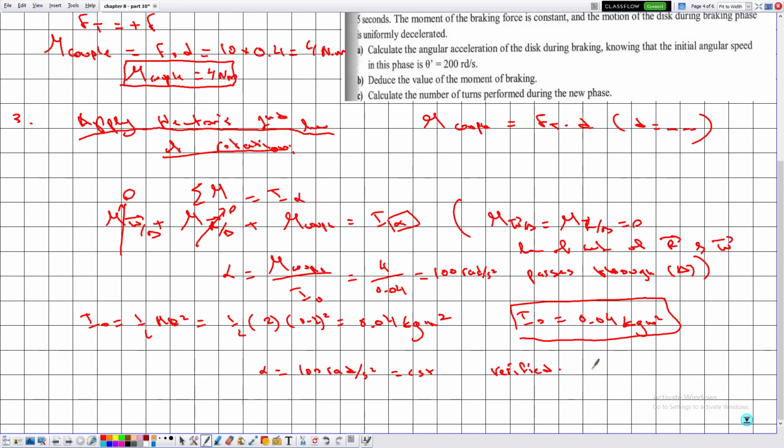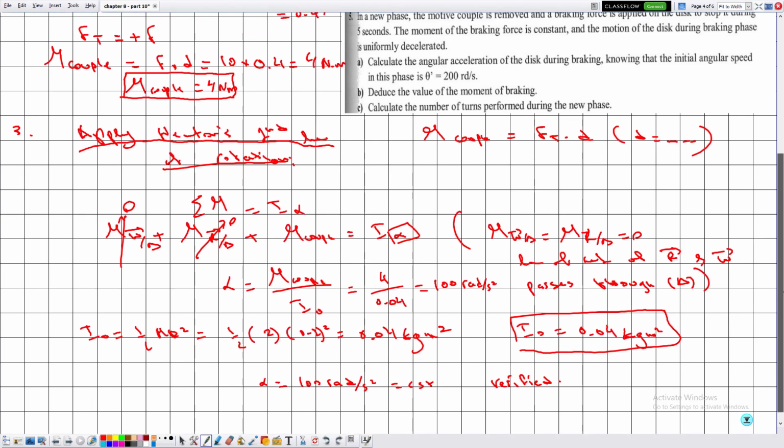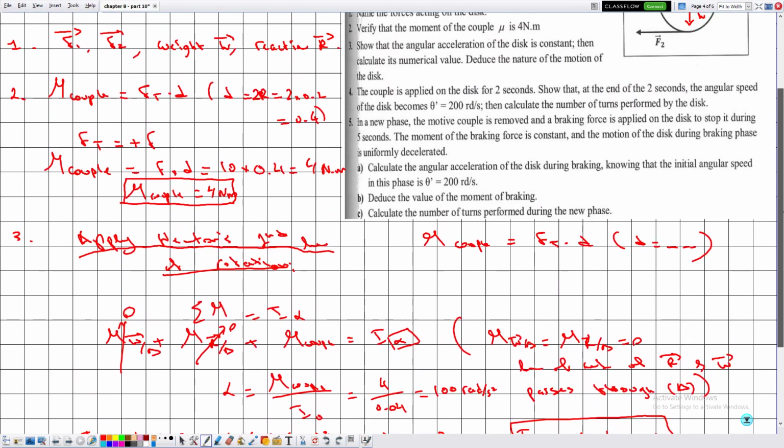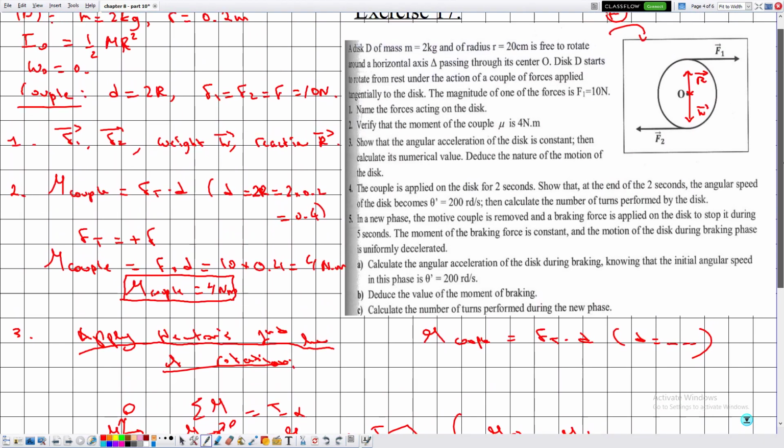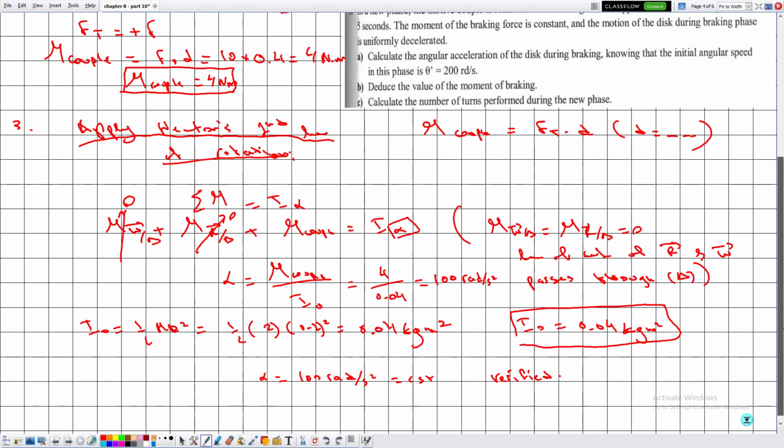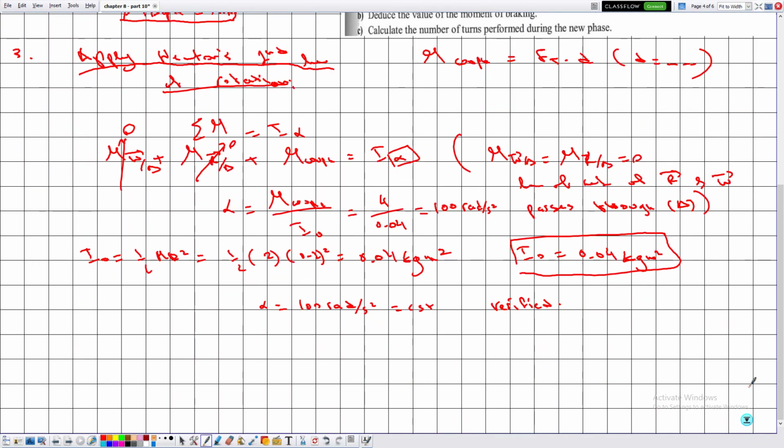And because we have done so, now we can directly deduce that the nature of motion is UVCM. Deduce the nature of motion of the disk. So it is UVCM, which verifies the general form alpha is equal to constant. And in this case we have two types of acceleration.